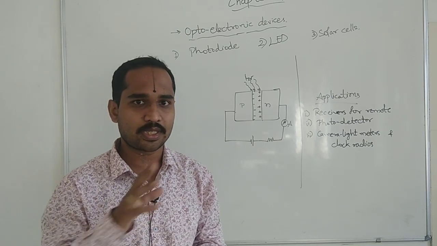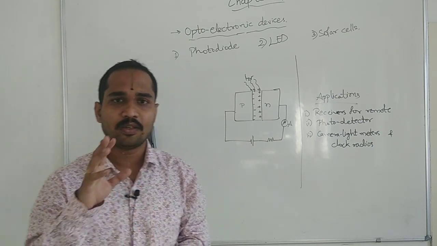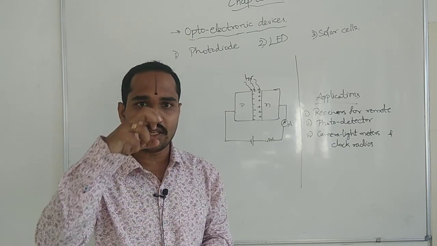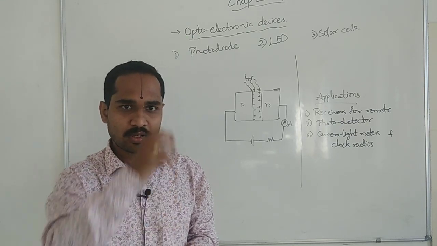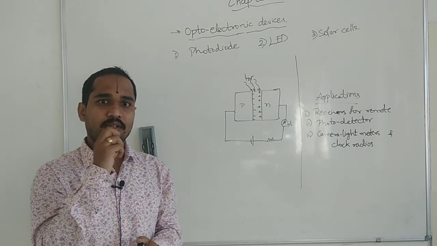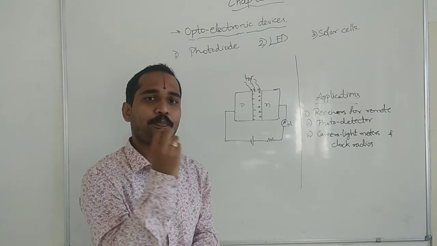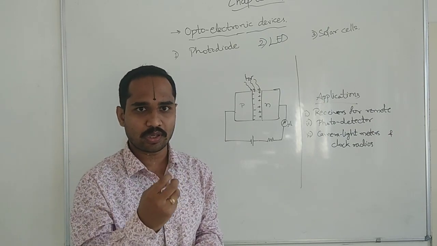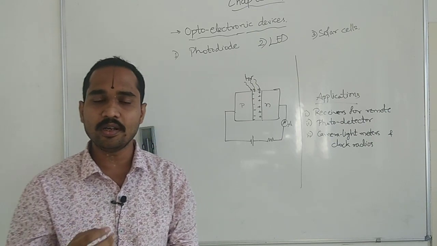Photon, h nu. You have studied this in Einstein's theory, the photoelectric effect. So h nu energy falls on the surface from the light. The light energy is in the form of packets called photons, having the energy h into nu. h is Planck's constant, nu is the frequency.